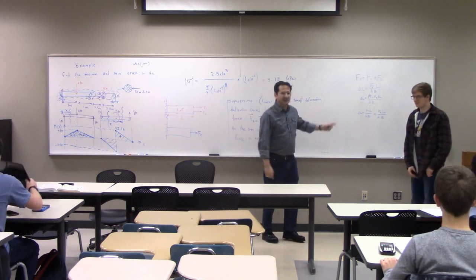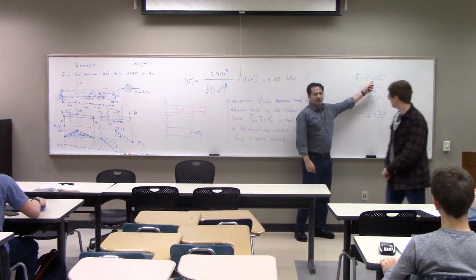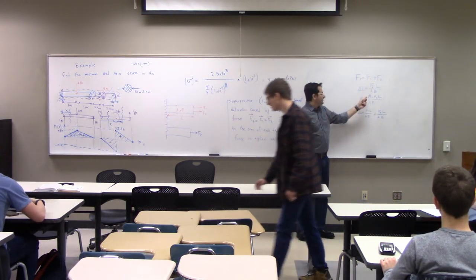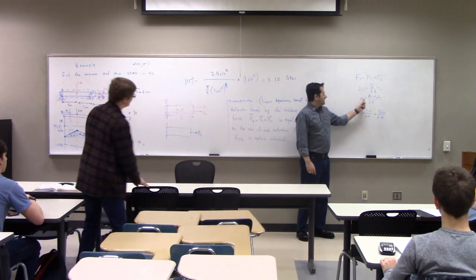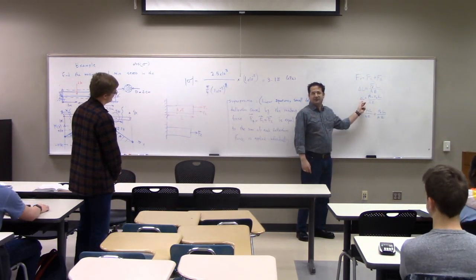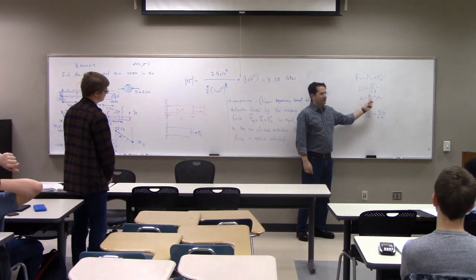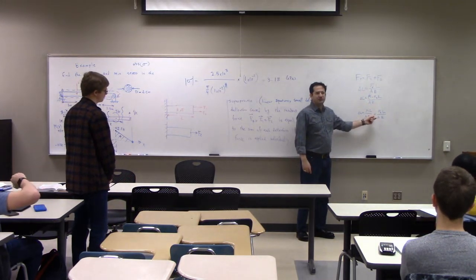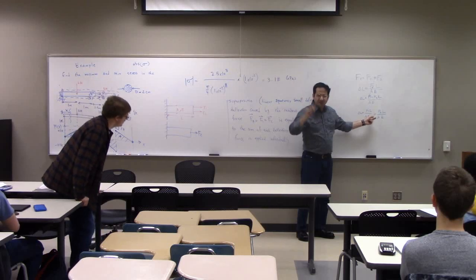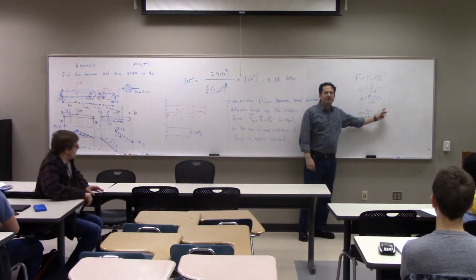So the way he did it, he said the resultant force is the sum of two forces, right? If you find the deflection that comes from the resultant force, it equals the deflection from force one individually plus the deflection from the second force individually.